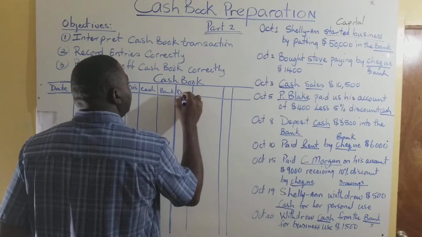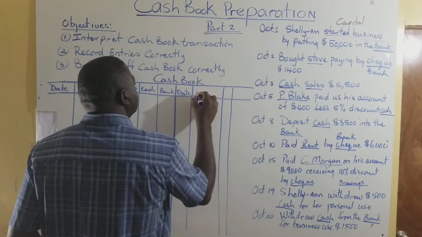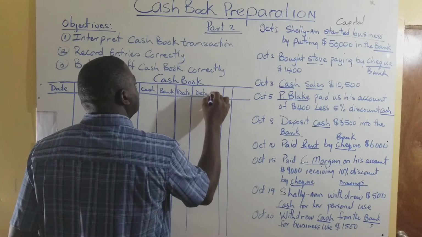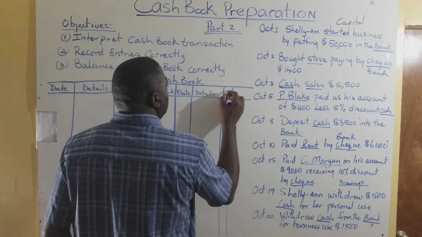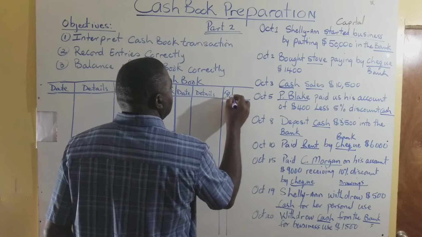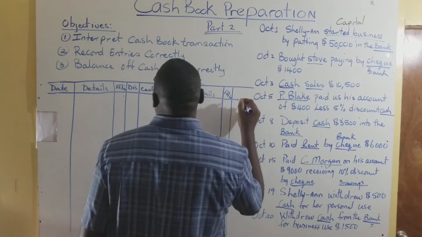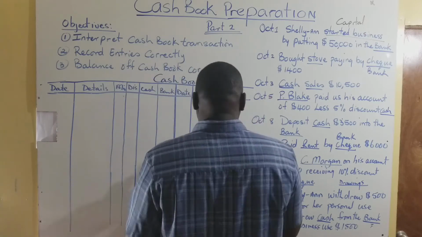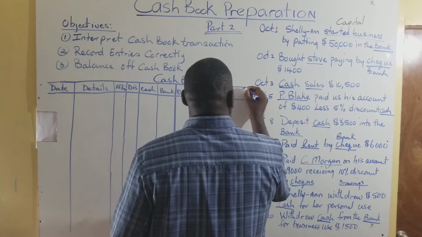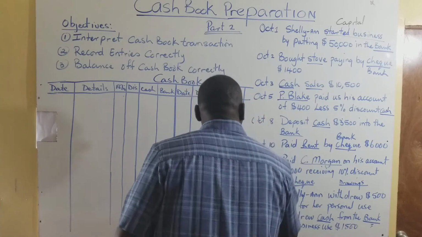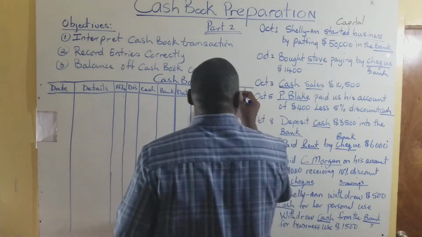Then we're going to have date again. We're going to have details. This is the folio account, folio column rather. And then we are going to have cash discount. So I'm going to put in that now. Or discount column. Right? And we have discount.